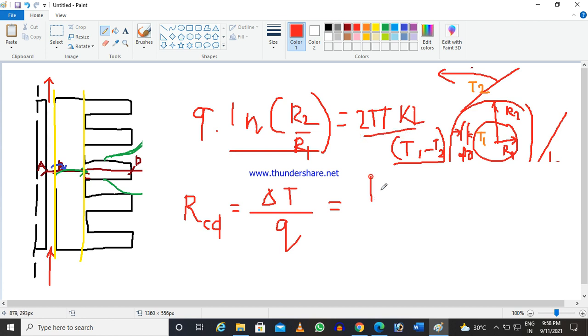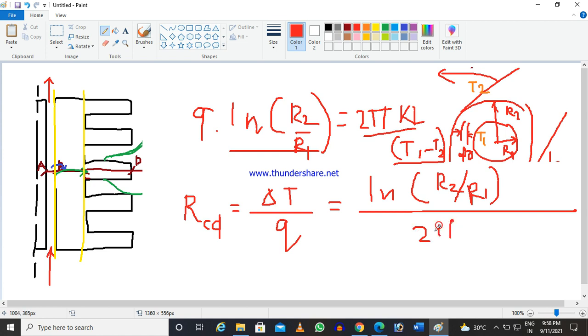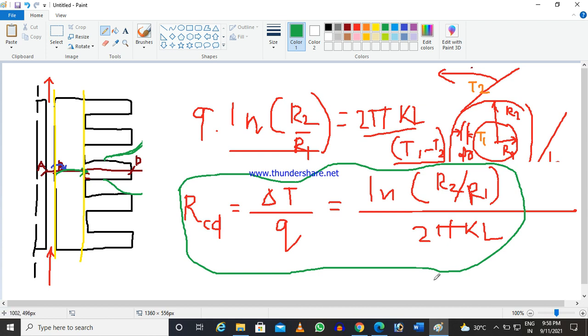So this is natural log R2 by R1 divided by 2 pi KL. K is the thermal conductivity and L is the length. So this is the formula for calculating the thermal resistance due to conduction. Convection we already obtained.